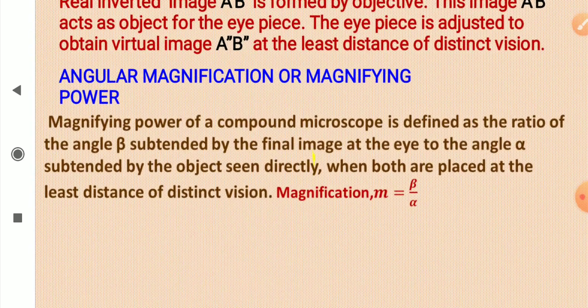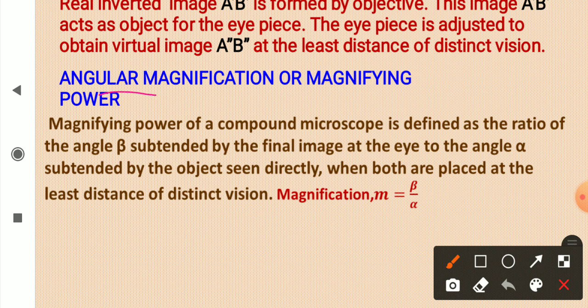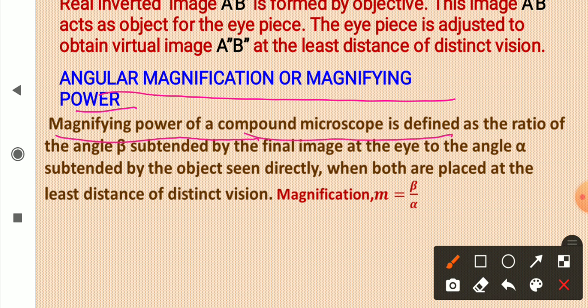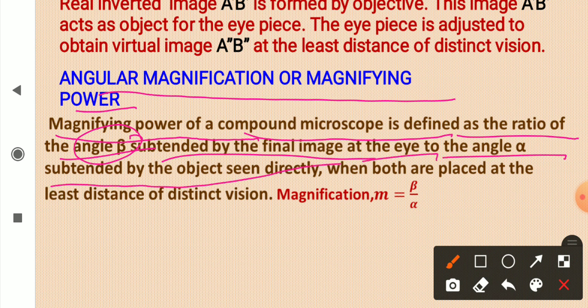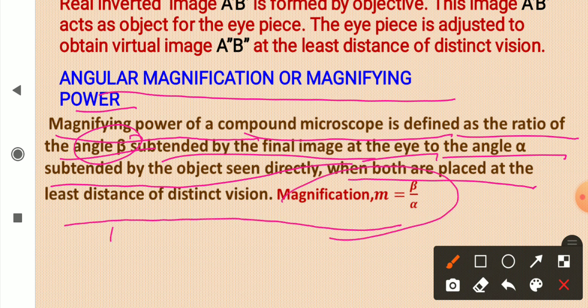It is asked in examination also. And let us define its angular magnification or magnifying power. So the magnifying power of a compound microscope is defined as the ratio of the angle beta subtended by the final image at the eye to the angle alpha subtended by the object seen directly when both are placed at the least distance of distinct vision.